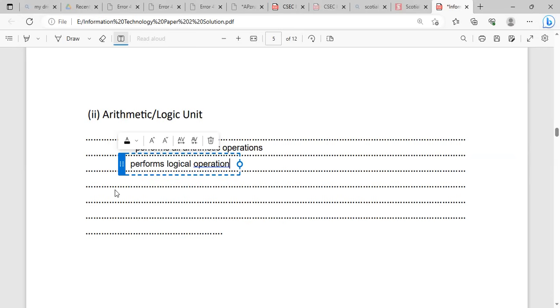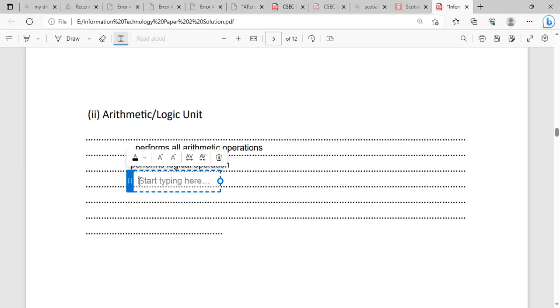Next, it stores the data, so storage, which can be immediately processed by the program instructions.